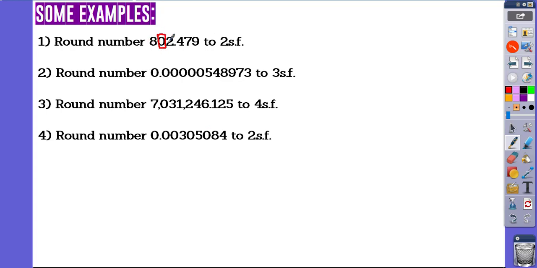Remember that zeros that are in between, once we started counting significant figures, they also count. So 0 is our target, so we need to look at the number to the right. As the number to the right is smaller than 5, then this will round down, which means the 0 will stay the same. 800.000, or simply 800.